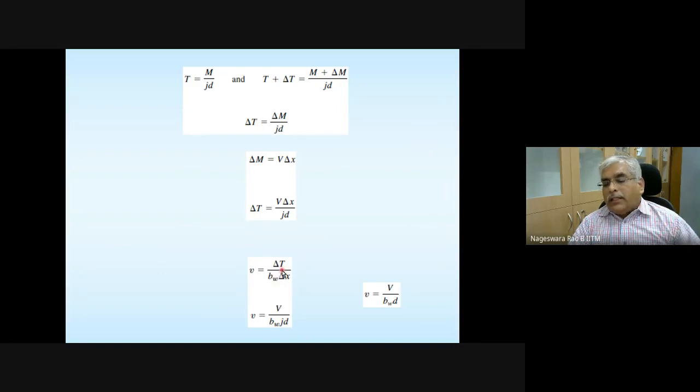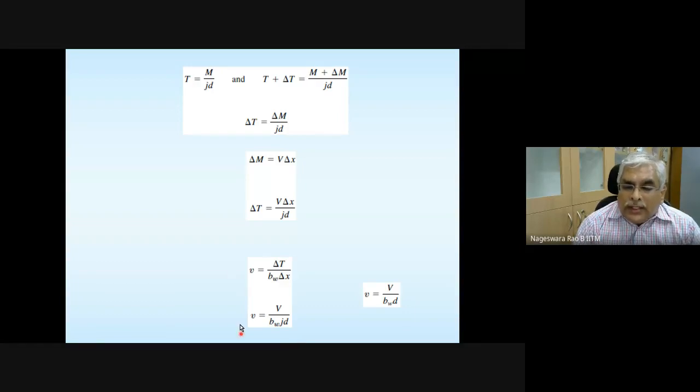In this relation, you substitute delta T from here, then you will get shear stress in terms of shear force divided by bw times jd, the lever arm distance jd.